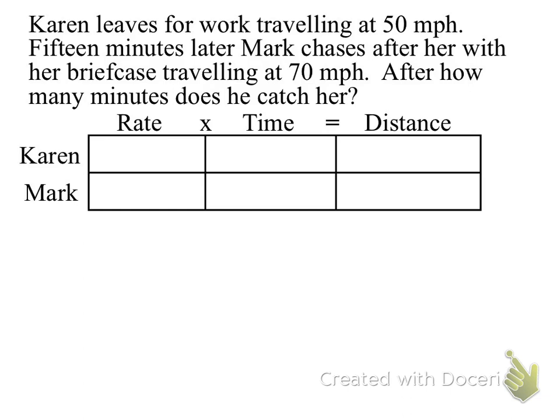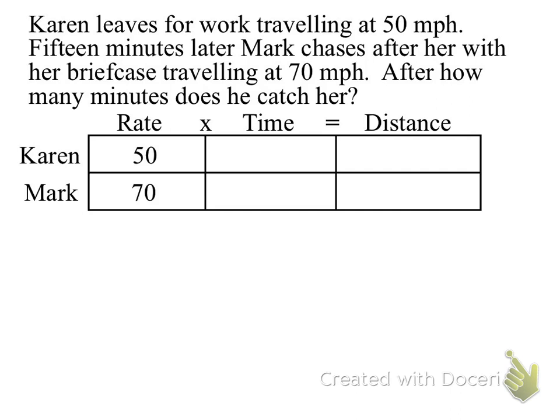Rate is a combination of time and distance. Does that make sense? So, what is Karen's rate? 50 miles per hour. And what is he? 70. That's right.